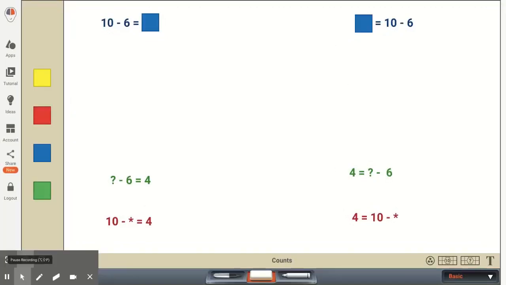So, here are some different types of subtraction equations that our first grader may see. This first equation, 10 minus 6 is equal to some unknown, or the unknown is equal to 10 minus 6. This is probably the more traditional way that our first graders have seen subtraction problems.